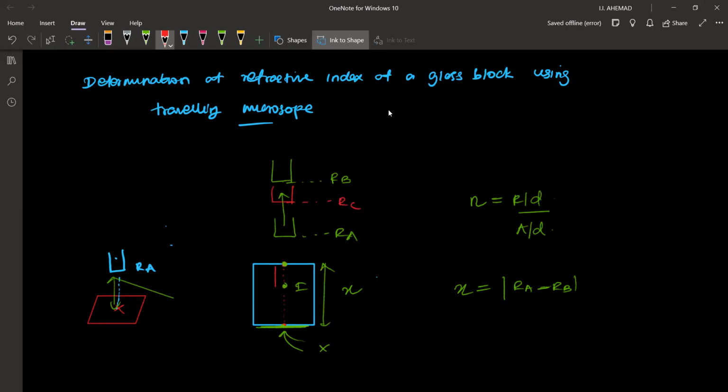This is the distance I need, that is Y. Y is equal to the difference between RB and RC. So now we have found the real depth, and this is the apparent depth. Using those two, I can find the refractive index. So the experiment is simple. Are you clear with the idea?